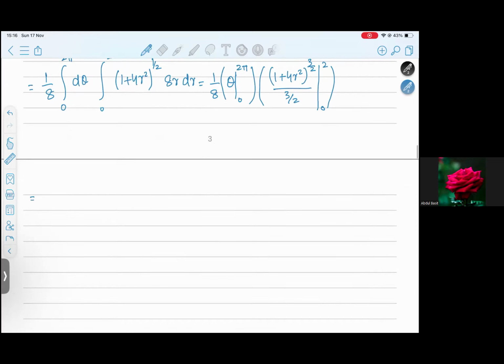Okay, 1/8, if I plug in theta is equal to 2 pi, I get 2 pi, and if I plug in theta is equal to 0, I'm getting 0, so I'm ignoring the 0 term.